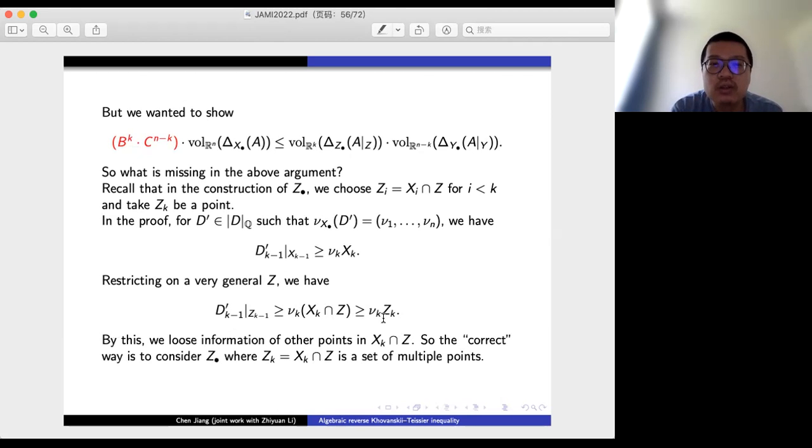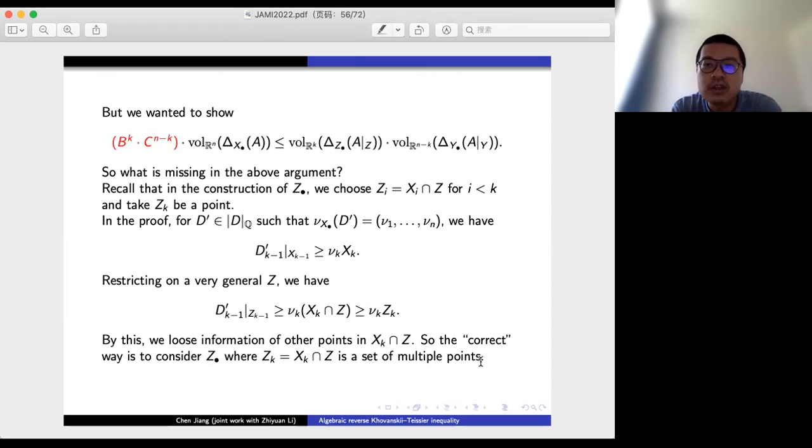Okay, so the correct way to think of it is that instead of constructing this flag ending with 1 point, we need to construct the flag ending with these n points. We need to keep the information of X_k intersect Z, or all the set of these points.